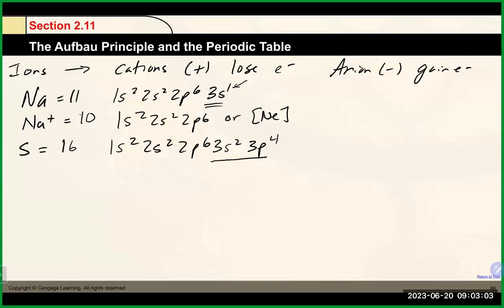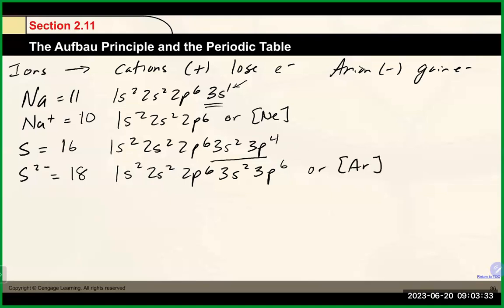When sulfur gains a charge, it will gain a negative charge, a -2 charge, which means it then should have 18 electrons. So we need to adjust its electron configuration to 1s2, 2s2, 2p6, 3s2, and 3p6 in this case. And those 18 electrons are the same electron configuration as argon.